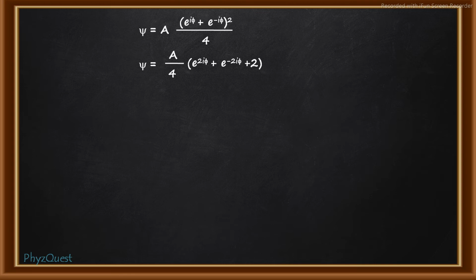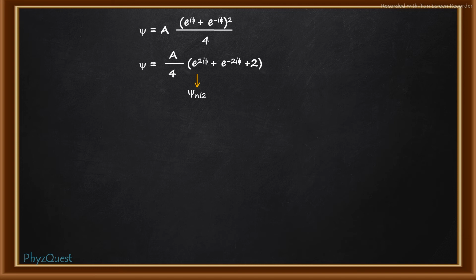Our purpose is to find the possible outcomes of the operator Lz, so we need to understand the possible values of m here. Comparing with the general expression A e to the power i m phi, in the first term m is 2, therefore the wave function is psi n l 2.